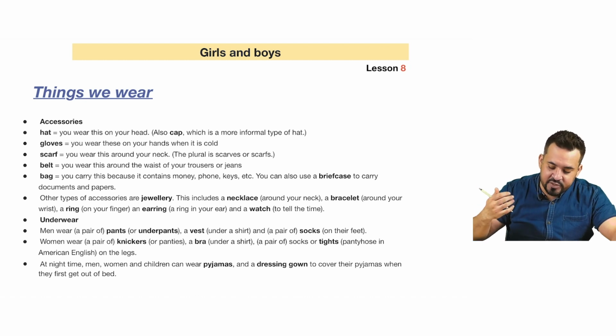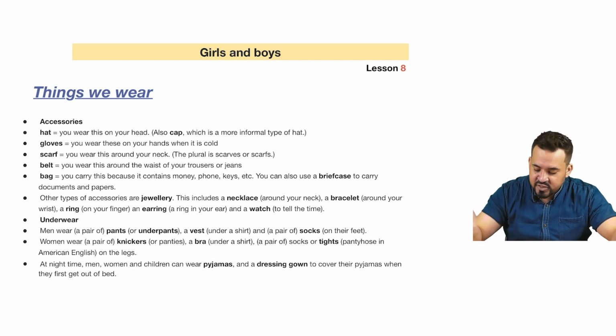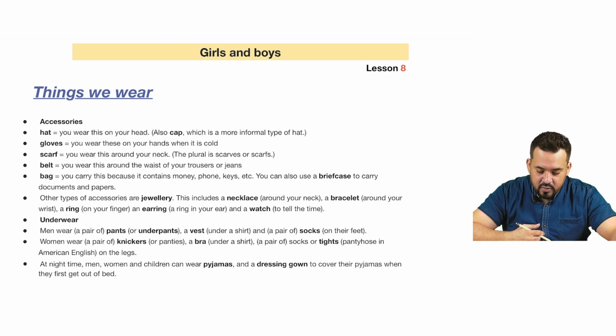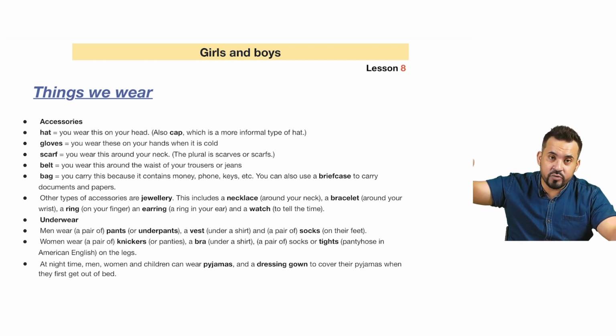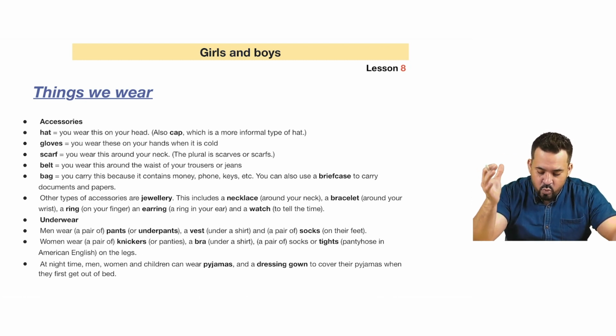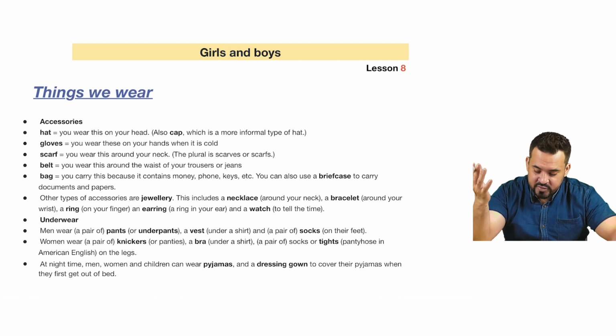A vest you wear under your shirt. Socks are for your feet. Women wear knickers, a bra, and tights for your legs. Tights in America are called pantyhose. Same thing. At night, men, women, and children wear pajamas, and a dressing gown to cover their pajamas when they first get out of bed.